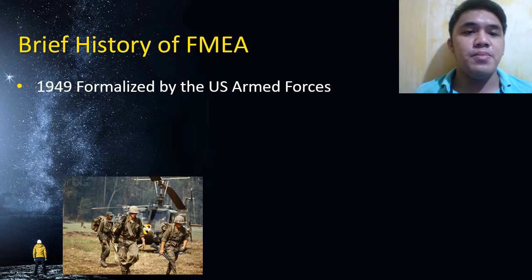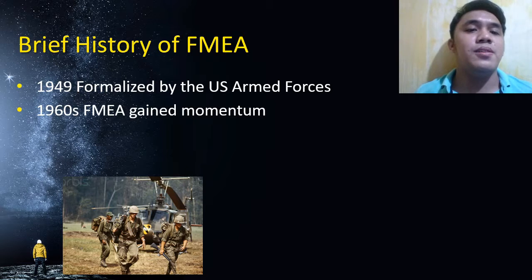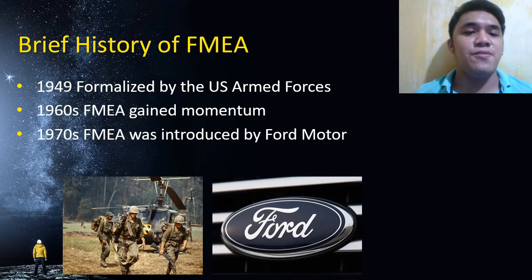The use of FMEA gained momentum during the 1960s with the push to put a man on the moon and return him safely to Earth. In the late 1970s, the Ford Motor Company introduced FMEA to the automotive industry for safety and regulatory consideration after the Pinto affair. They also used it to improve production and design.